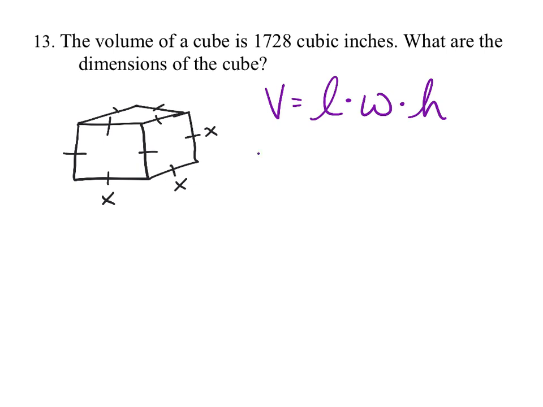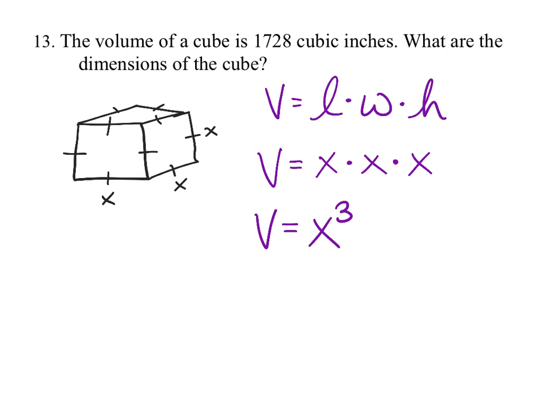It's the dimensions of the cube. But if we were finding this volume, our length is x, our width is x, and our height is x. Well, what's x times x times x? Don't say 3x. x cubed. So really, the equation for volume of this cube is the side length cubed.